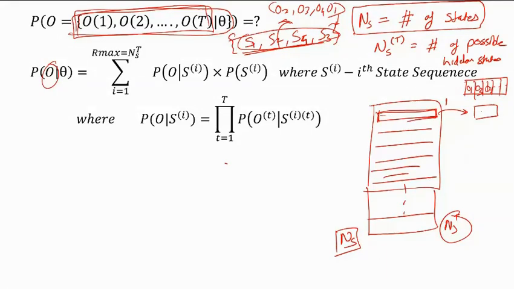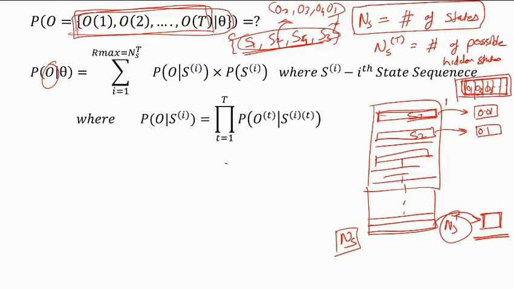Suppose I get some number 0.01. Then I take the second sequence and find out the chance that this set of observations is produced by sequence number 2. Suppose I get 0.1, and I keep on doing this till the end. Everybody will give a certain chance of producing this set of observations.